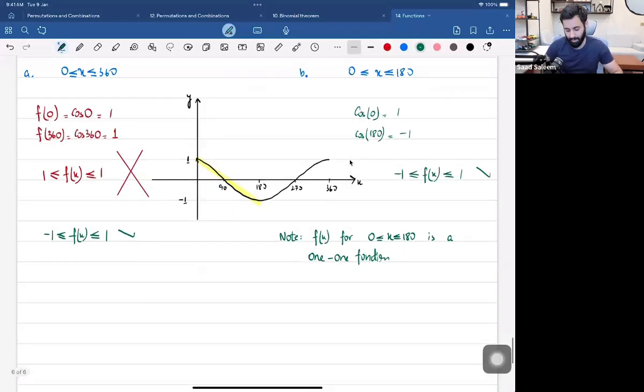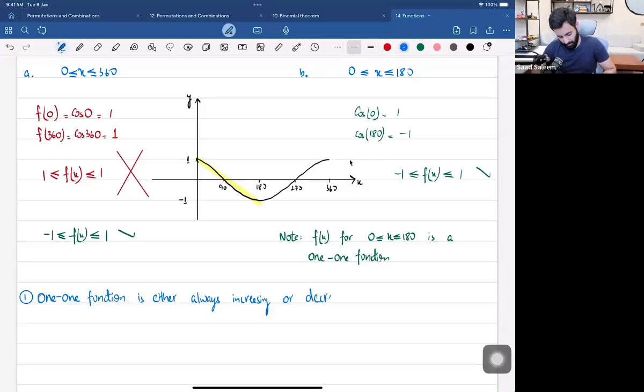Okay, now some standard rules coming. Part 1. A one-to-one function is either always increasing or decreasing, but not both.